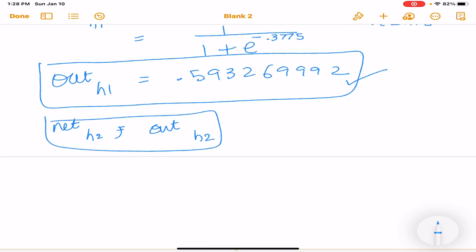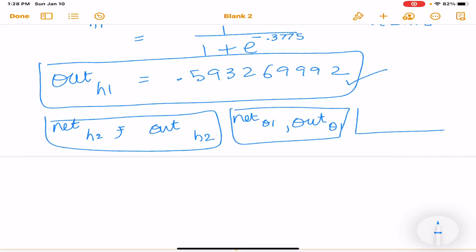Similarly, you will have to find net O1 for the first neuron of your output layer, which has to be passed through the activation function to give you out O1.